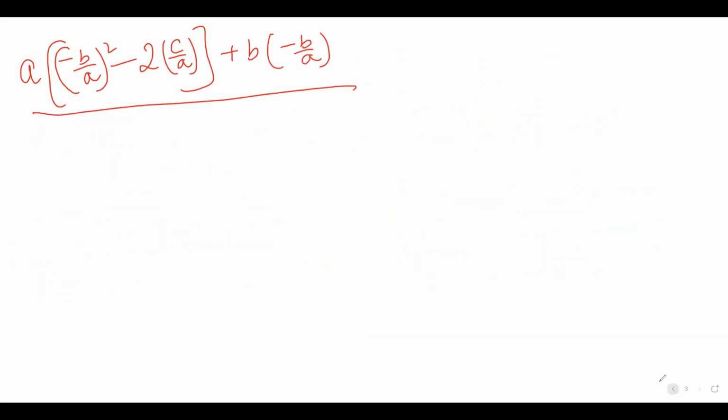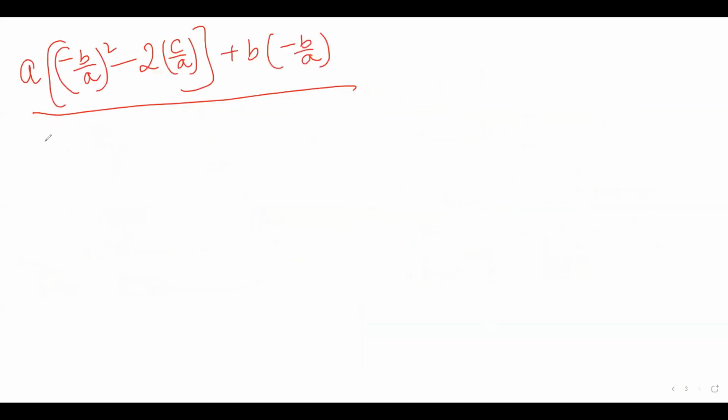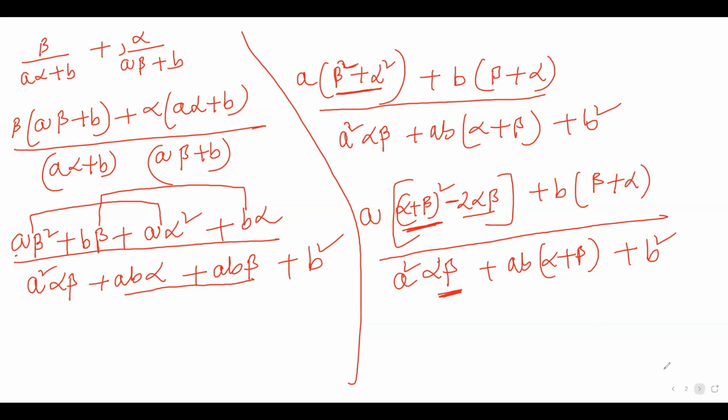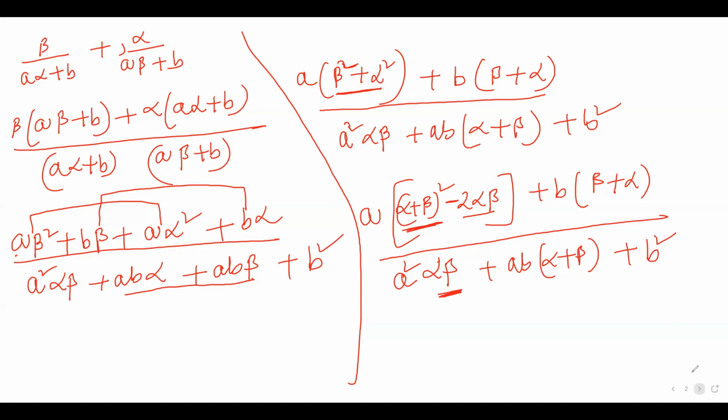Numerator done, denominator substitution started. A square into alpha beta is c by a. A square into c by a, you can cancel, is AC, plus AB into alpha plus beta. Plus AB into alpha plus beta is minus b by a. Again you can cancel a, plus b square.